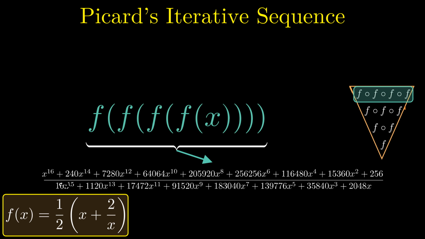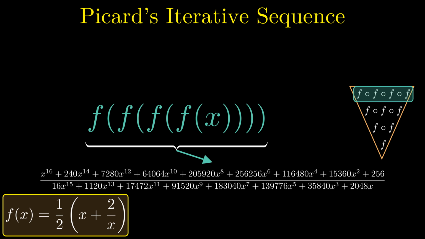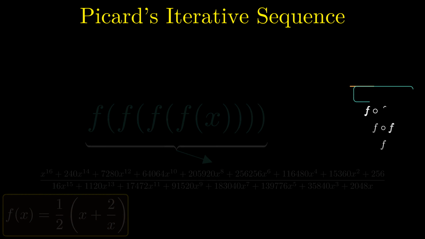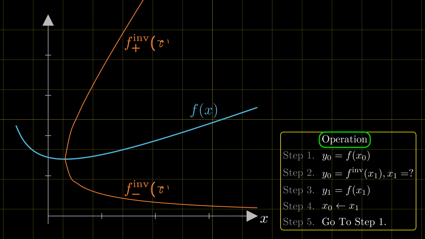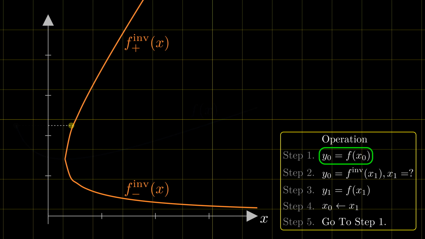No matter what initial value you start with, this iterative process inevitably pushes it closer and closer to the true value. Before we conclude, let's investigate the reason for such fast convergence. Recall that the goal of a fixed-point iteration is to find a value that remains unchanged through repeated application of the function, the fixed point.